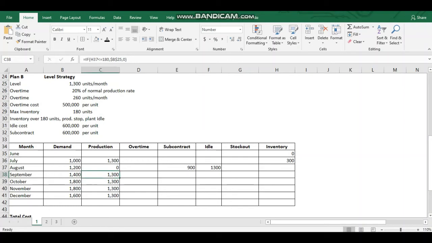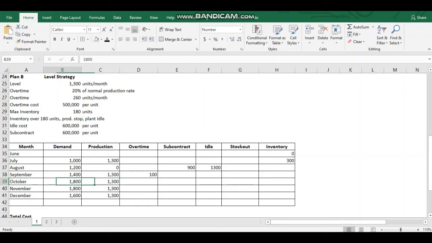So we have a shortage, right, as much as 100, and to fulfill the 100 units left, we could do it by doing overtime. And then for October, the demand is 1800 units, the production is 1300 units, and there's shortage.